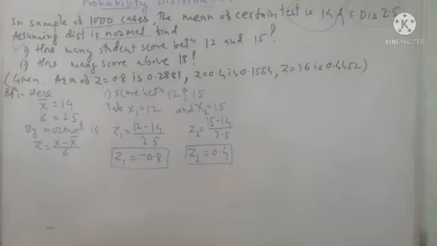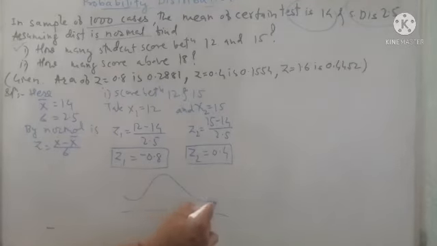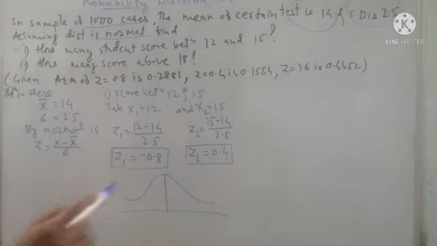Now we represent this z1 and z2 on a normal curve. For that we take a graph of the normal curve. The maximum height is denoted here.